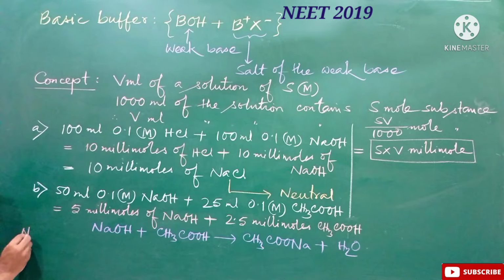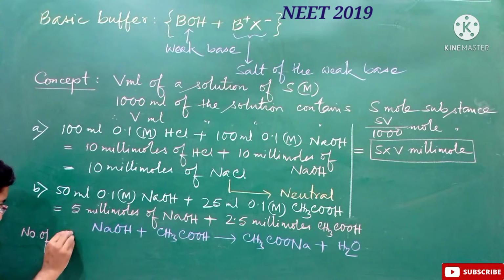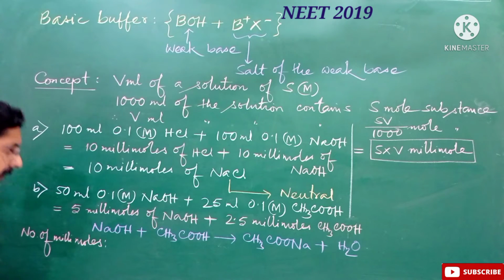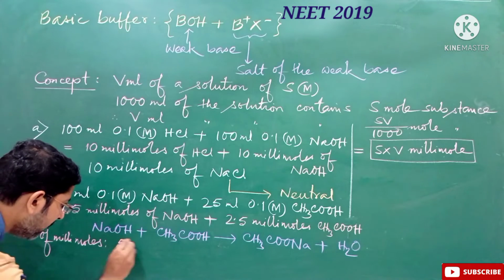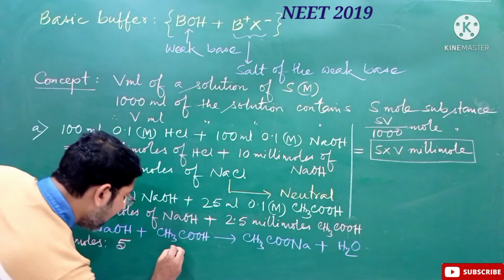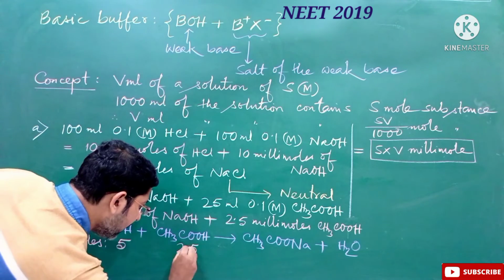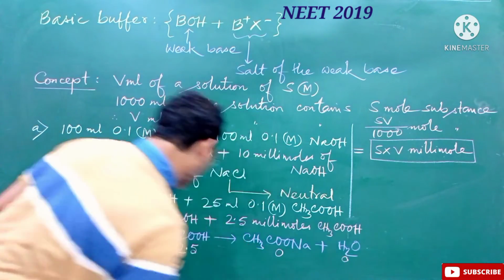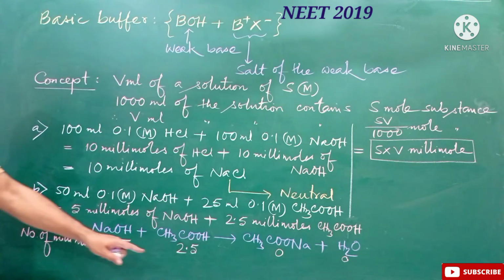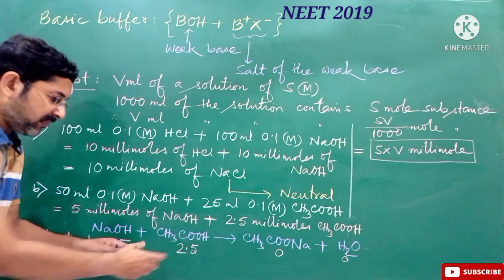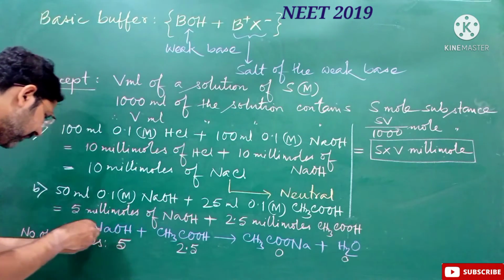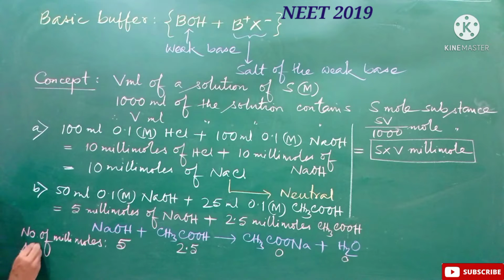So 5 millimoles of sodium hydroxide was present initially and 2.5 millimoles of acetic acid was present initially, and of course after the reaction acetic acid will be the limiting reagent because it is present in lesser amount.